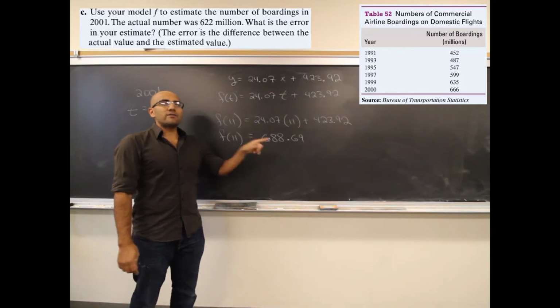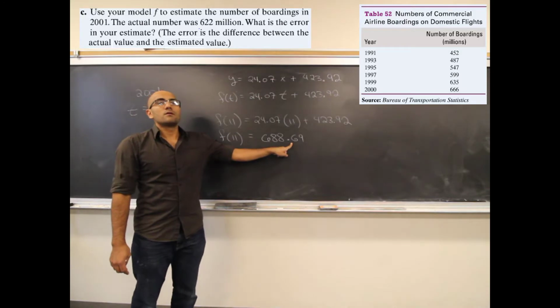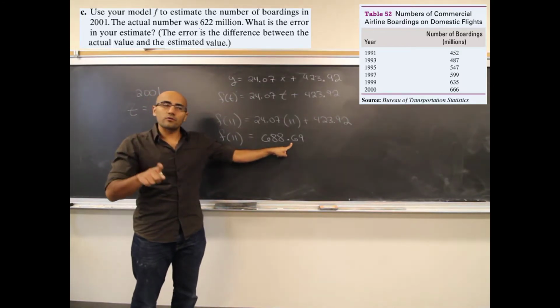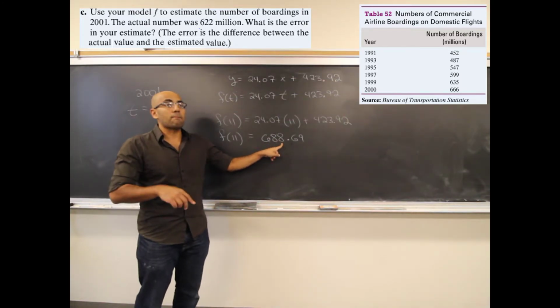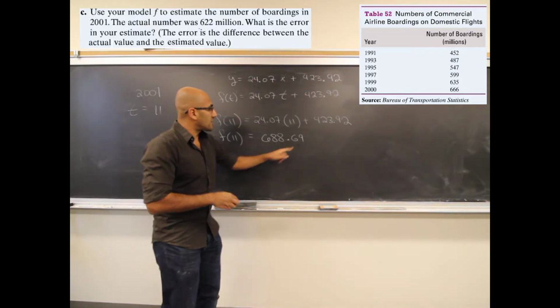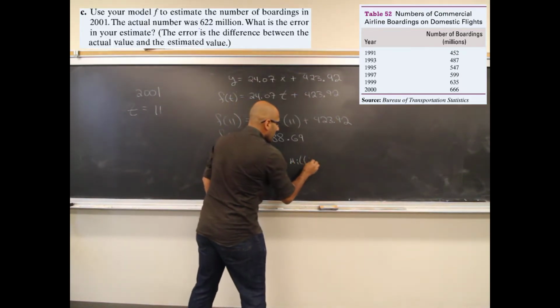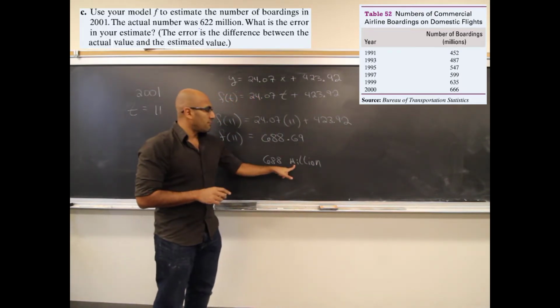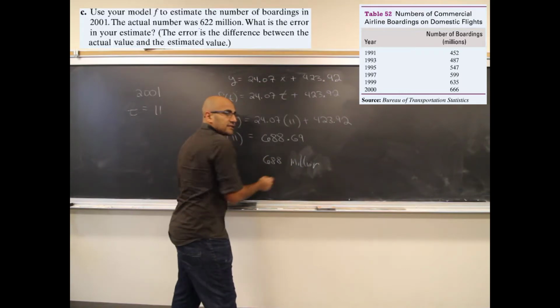Can we have a decimal number of boardings? No. However, remember this isn't 688, this is 688 million. If we wanted to convert that into a number, we'd have to add the 6 zeros that come behind it.